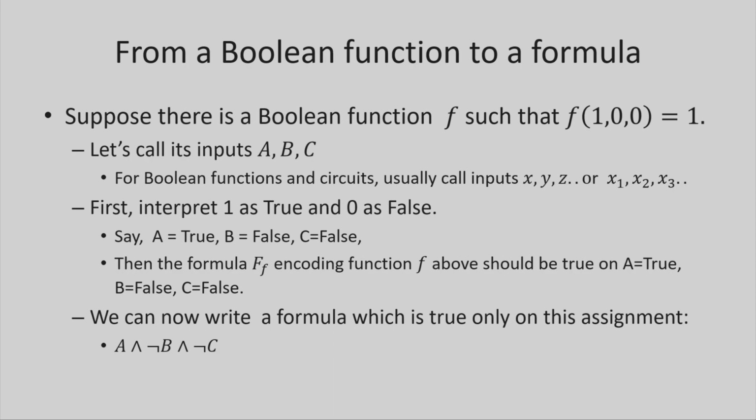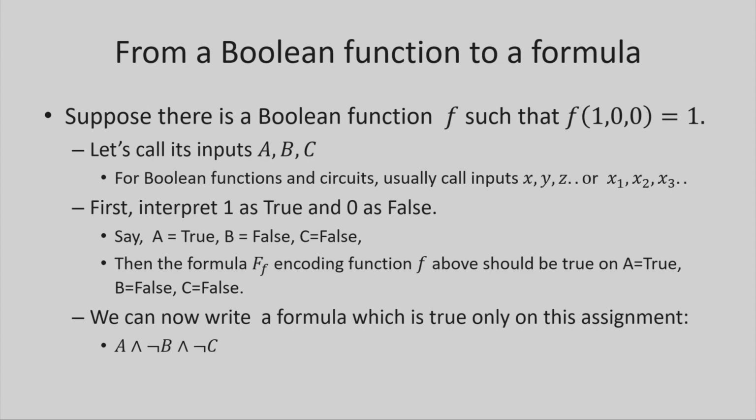Now, let's write a formula that says exactly that. I'm true if the first variable is true, the second variable is false, and the third variable is false. And we could write it by saying the first variable is true, A. Second variable is false, that is, it's not that the second variable is true, and it's not that the third variable is true. And that's it.